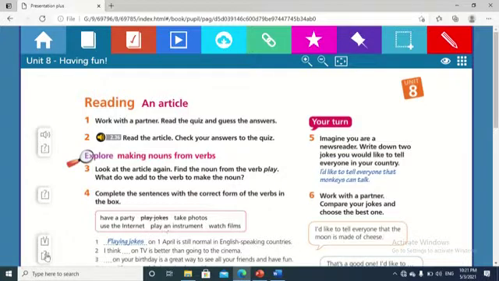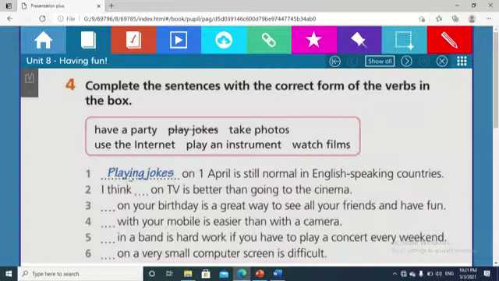So here's an example. The first one is done for you. Playing jokes instead of play jokes. You can't start the sentence with "play jokes" unless it's affirmative, it's imperative, of course. In imperative sentences, you can start your sentence with a verb because you have a hidden subject, which is you.